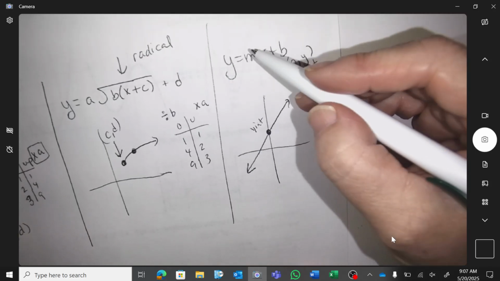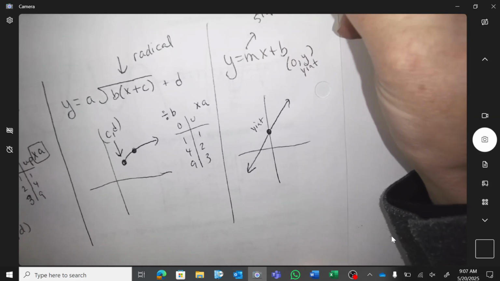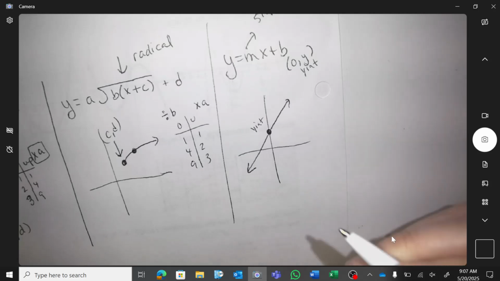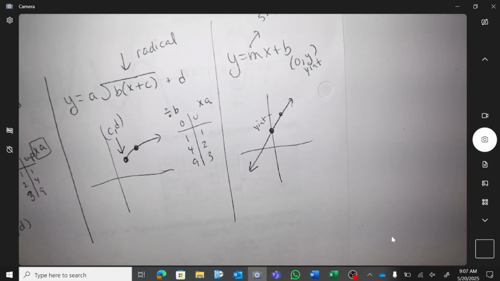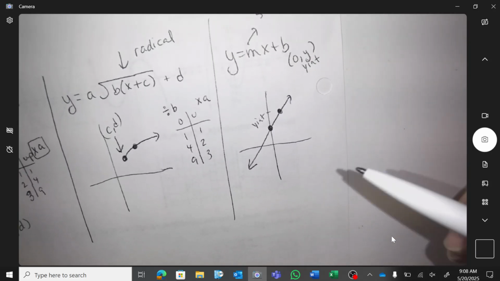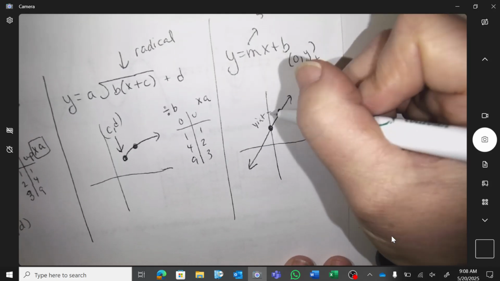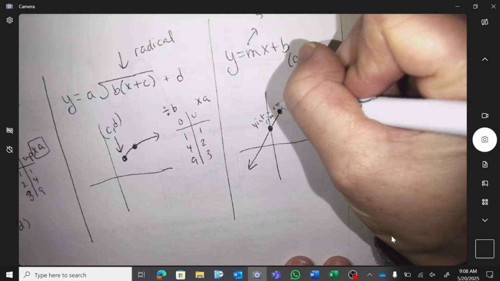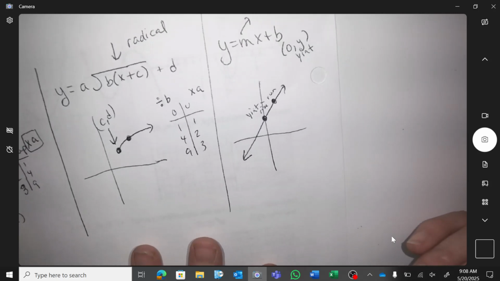And then m is your slope. And then on a line, what do you do with slope? You go a staircase, you rise, and then you run. Rise and then run. Okay, and then that makes you get some points. Okay, all that's prior knowledge, so just to refresh your brain with that.